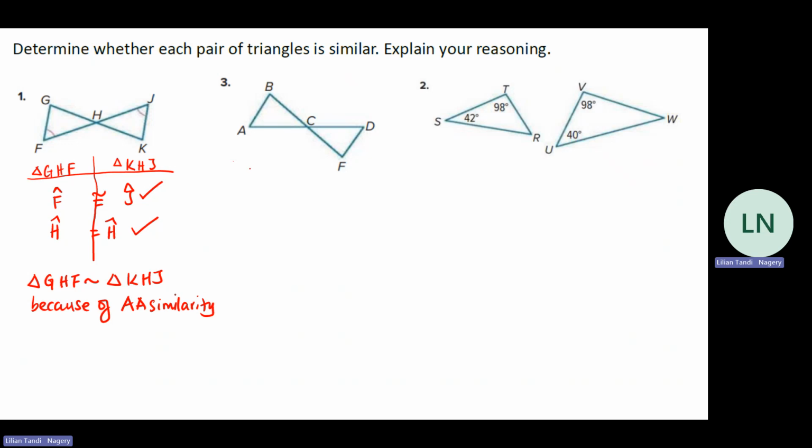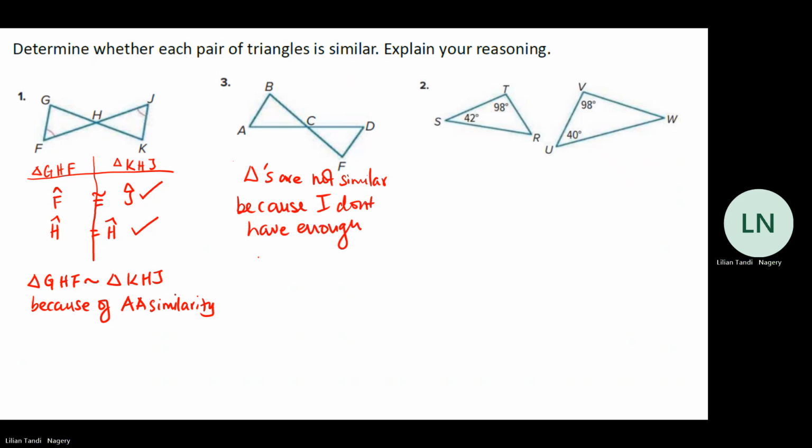So the triangles are not similar because I don't have enough information. I only know one. So I'm only saying SAR 1 time. So I don't know who is friends with who here.